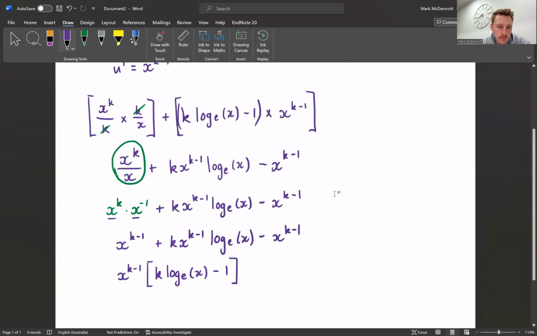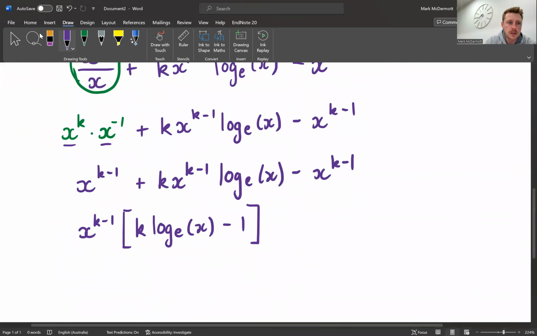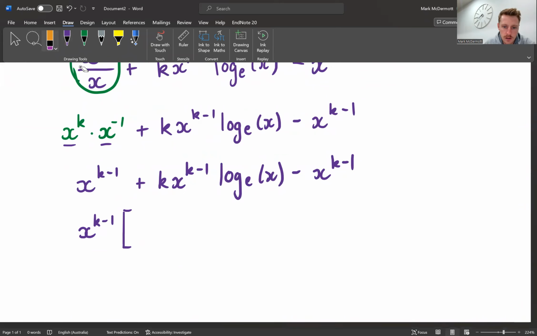Oh, I missed something. I stuffed up here. Let's just erase that and redo this line. When I took x to the k minus 1 out as a factor, that's 1 plus log base e of x, and then minus 1, and there's a k there. And then plus 1 minus 1 cancel out.